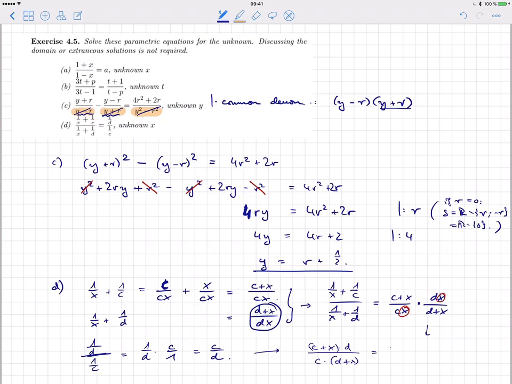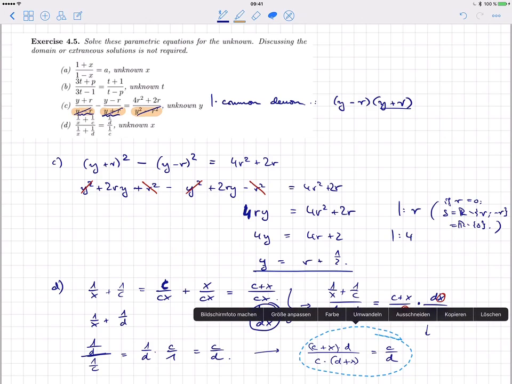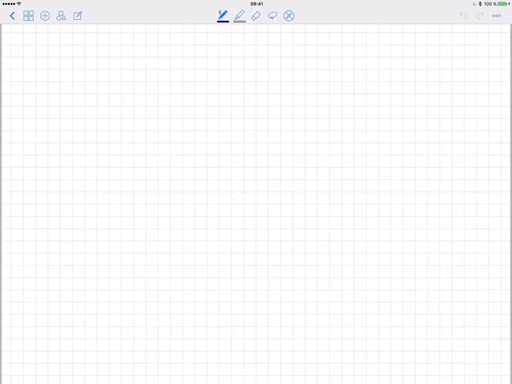And this becomes c over d, so we still have to do a little bit of work. So a cross rule that gives us d squared times c plus x equals c squared times d plus x.